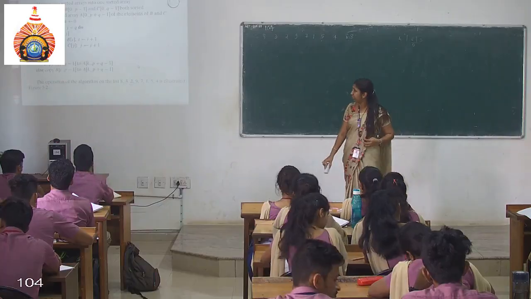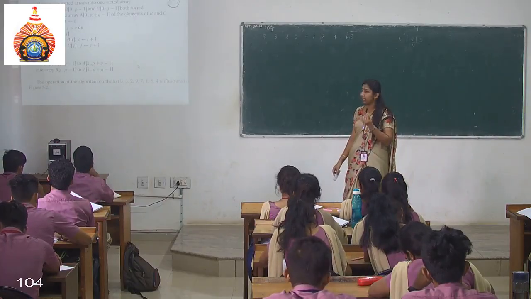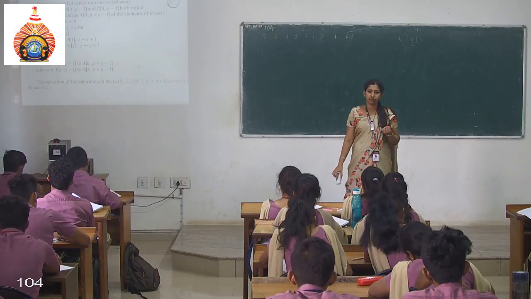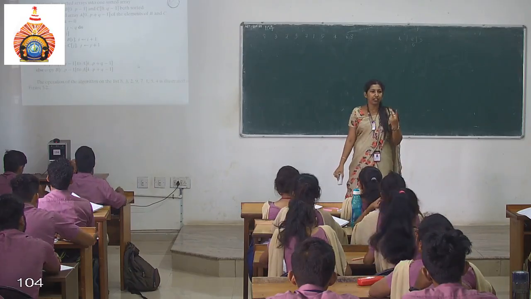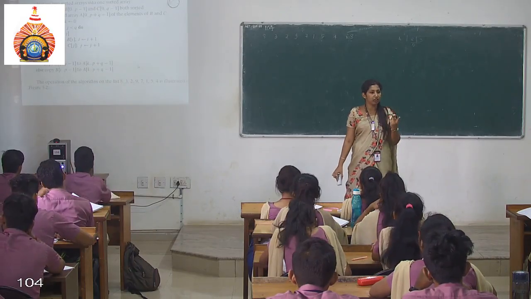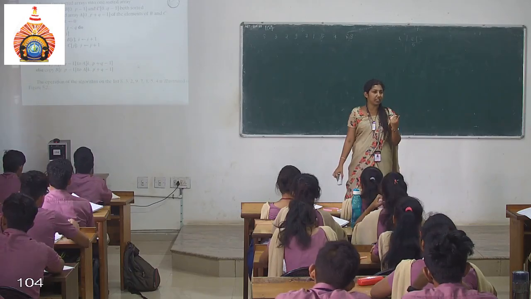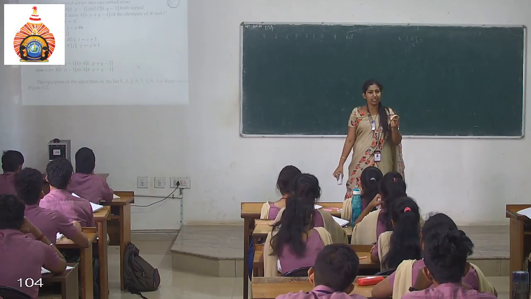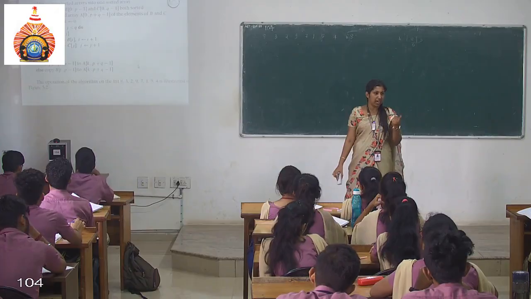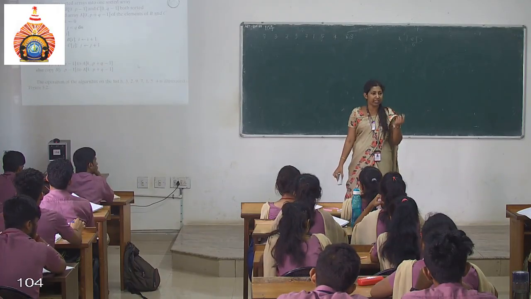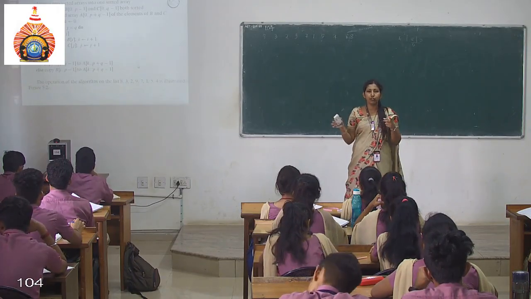I have I, J, K, P, Q. P and Q are nothing but the size of B and C. P is the size of B, Q is the size of C. I, J and K are the indices that help us move in the arrays.